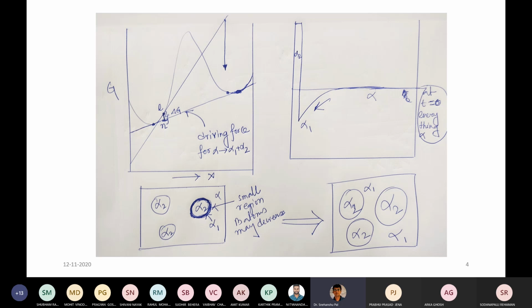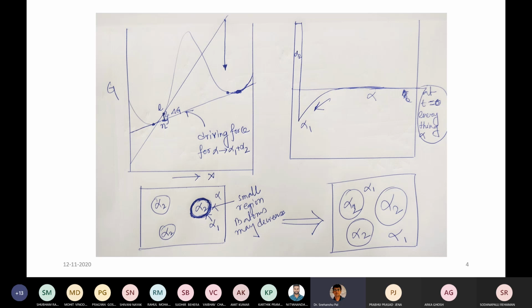If you look at the small region I marked, the B atoms may decrease, because alpha 2 tries to become a B rich phase and grow, taking B atoms from the alpha matrix. So slowly the overall alpha matrix transforms to alpha 1 and alpha 2 phases precipitate out.